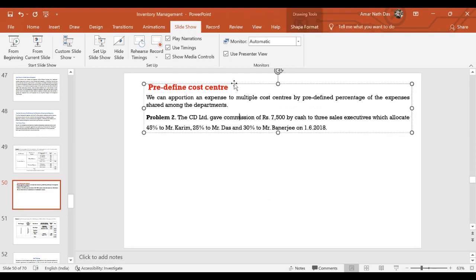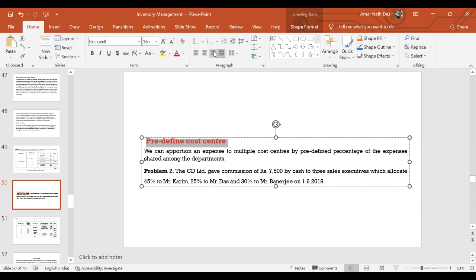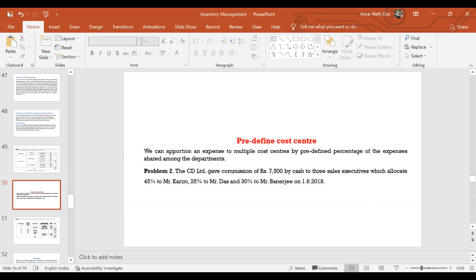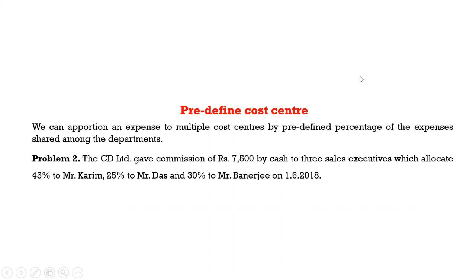Just a minute. It would be better if I put it in the middle. Yeah. So what does it mean? Take a look. This is my predefined cost centers. Actually, we can apportion an expense to multiple cost centers by a predefined percentage of expenses shared among the departments.